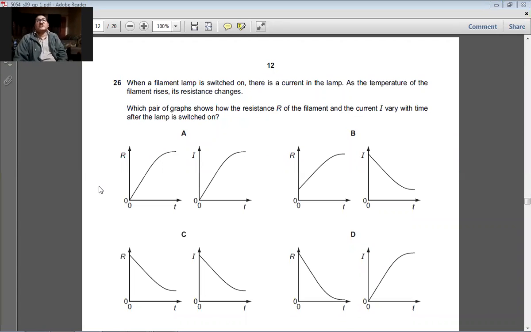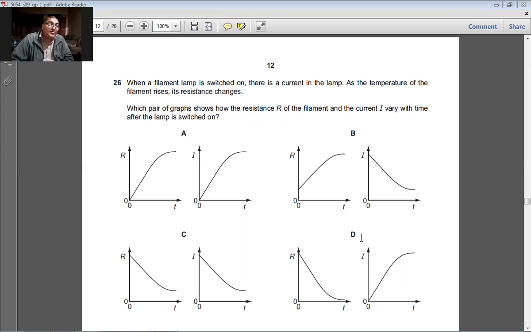In each option there's a graph between the resistance and the temperature, and then a graph between the current and the temperature.